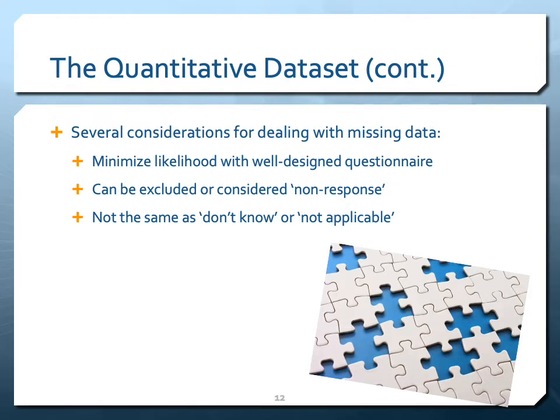So when it comes to the analysis, this is just a very quick example. If you had 100 respondents, 100 people answering your survey, for most of your questions, maybe you would have your responses out of 100, but if somebody does not answer a question, that question you now calculate out of 99, or however many people did answer that question.